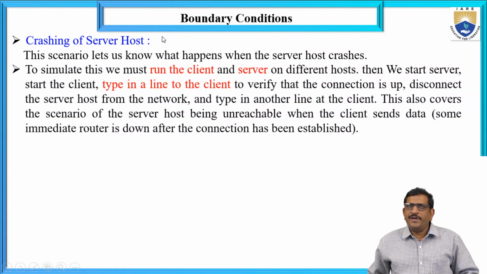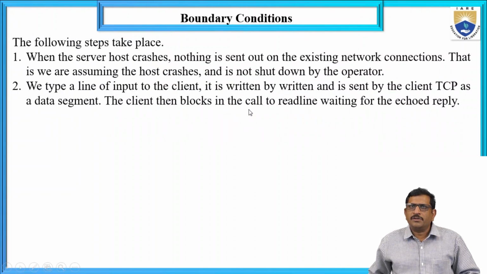That means if the server crashes, even if the client sends the data, that data is unreachable to the server. Some intermediate router may be down after the connection has been established.